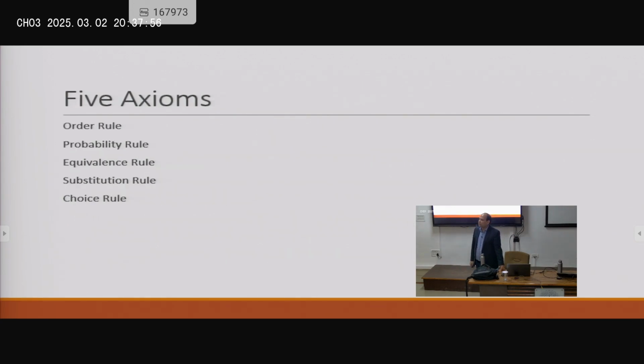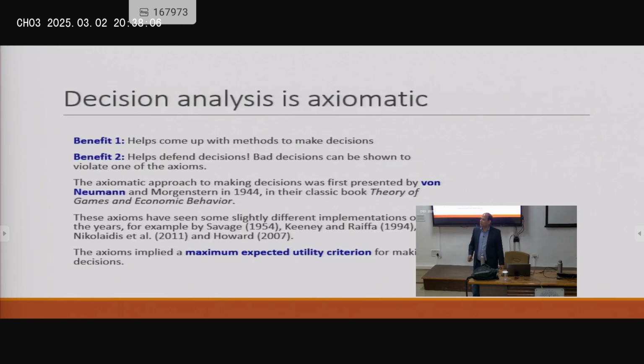Okay. So we're going to follow the rules proposed by Ron Howard. He's one of the founders of decision analysis. In fact, he coined the term decision analysis when they were still calling it statistical decision theory or some other decision theory.